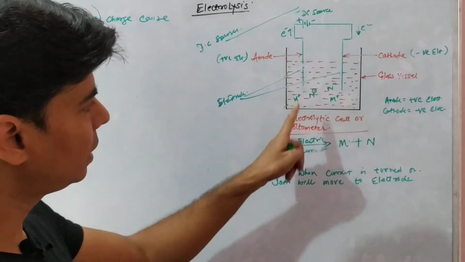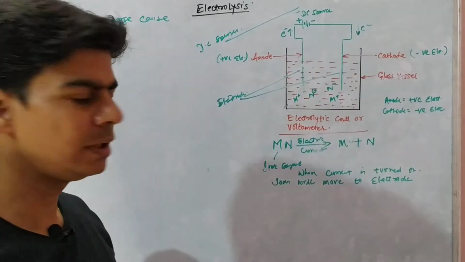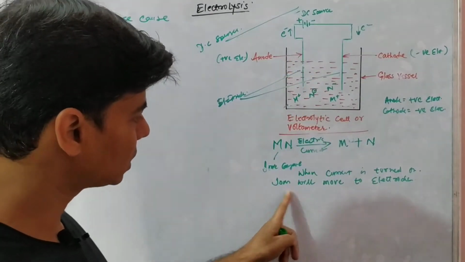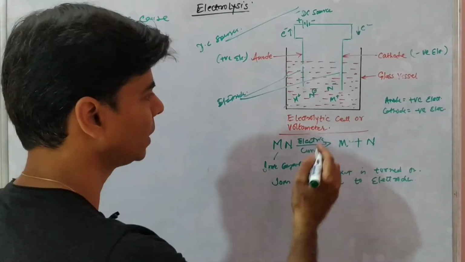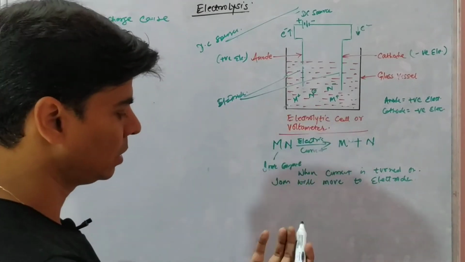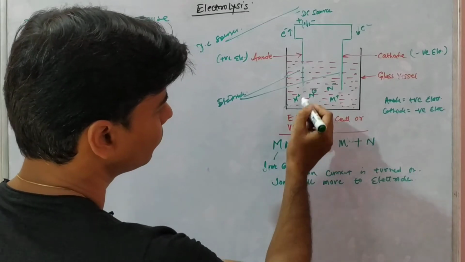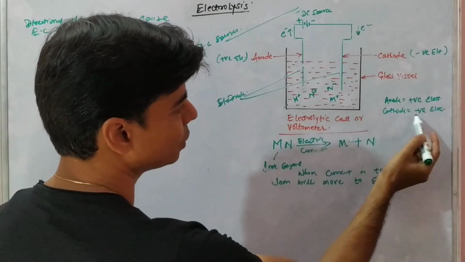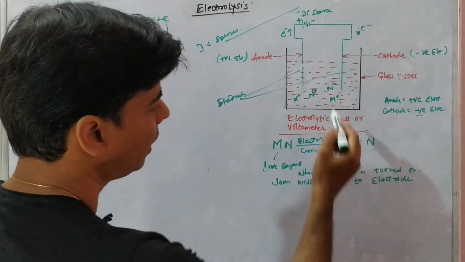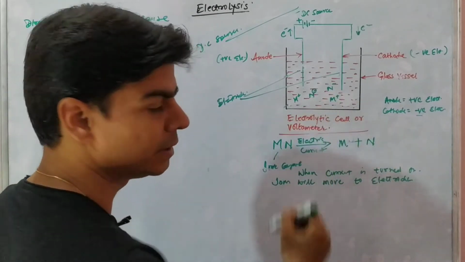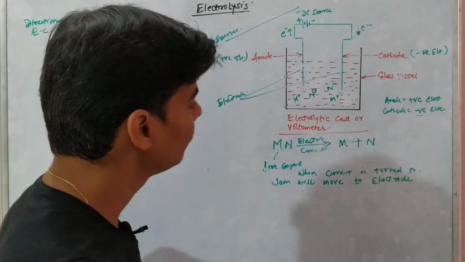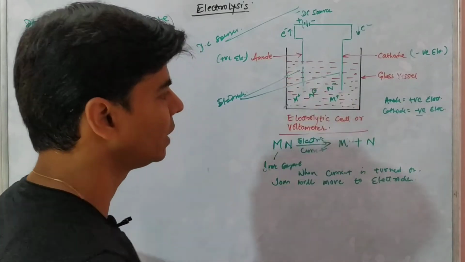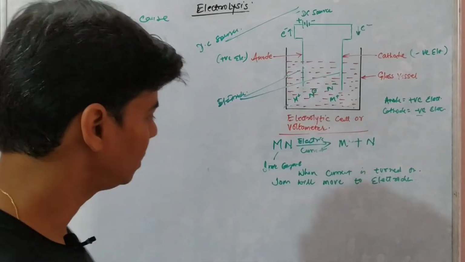This electrolyte consists of positive ions and negative ions. When current is turned on, these ions will move to the electrodes. So the positive ions, which are cations, will move towards the negative electrode, which is the cathode, and the negative ions, which are anions, will move towards the positive electrode, that is the anode.